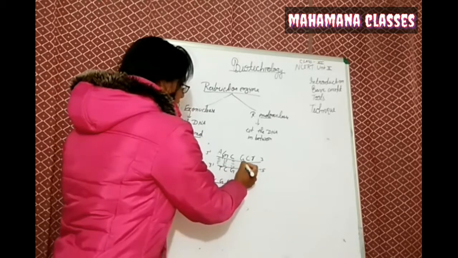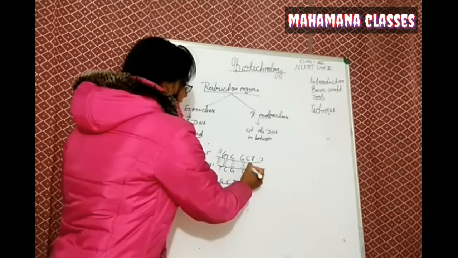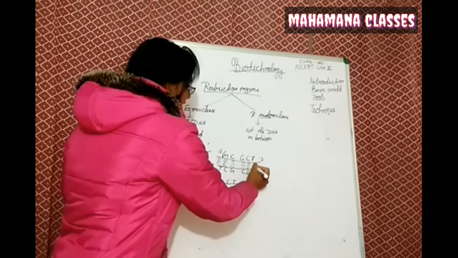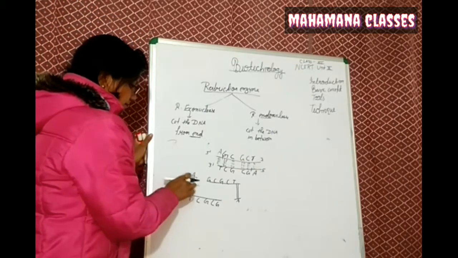G and C are always joined by a triple hydrogen bond, and T and A are always joined by a double hydrogen bond.